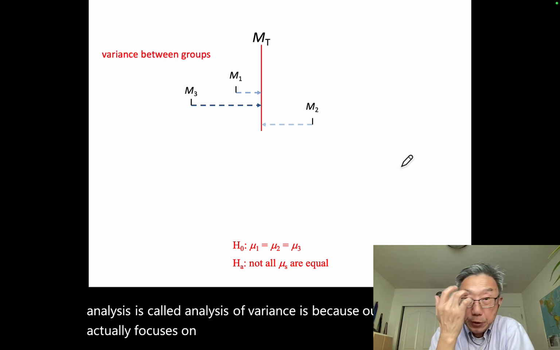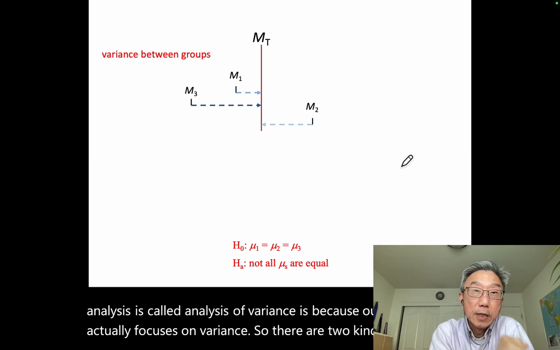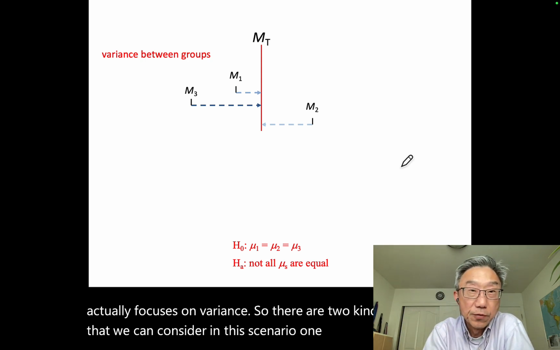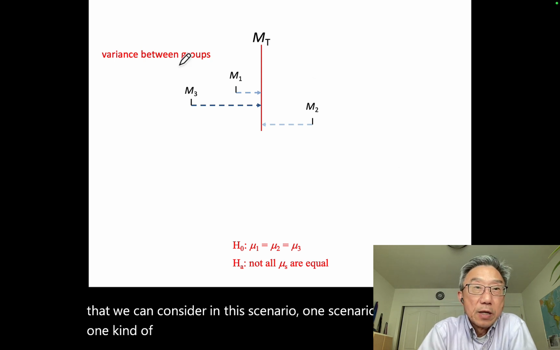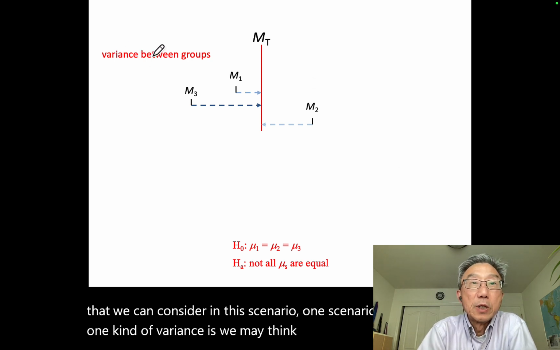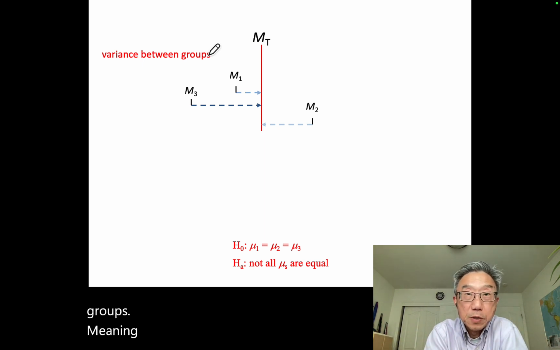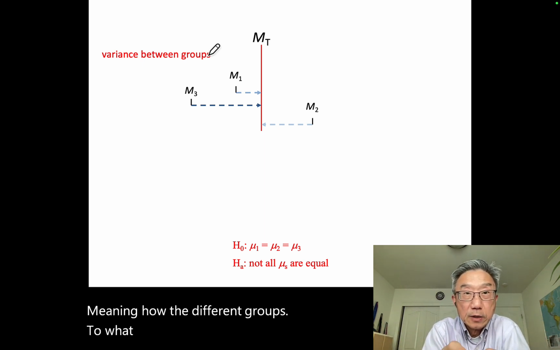There are two kinds of variances that we can consider in this scenario. One kind is variance between groups, meaning the extent to which the different groups are different from each other.